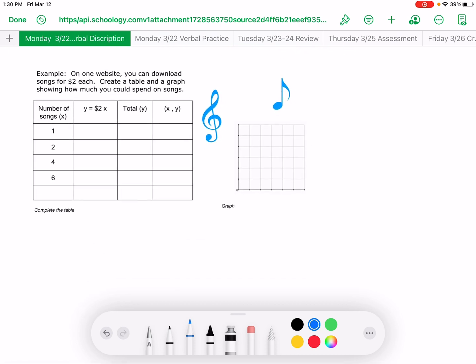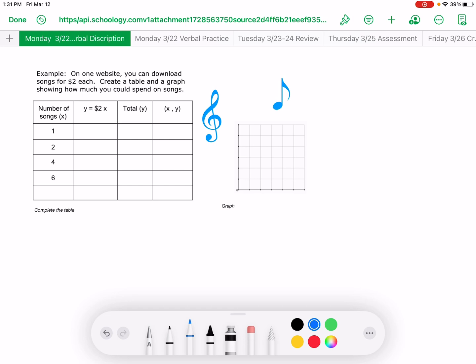Okay, here's our next example. It says on the website, you can download songs for $2 each.